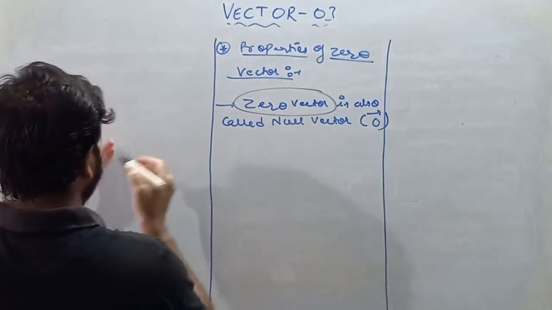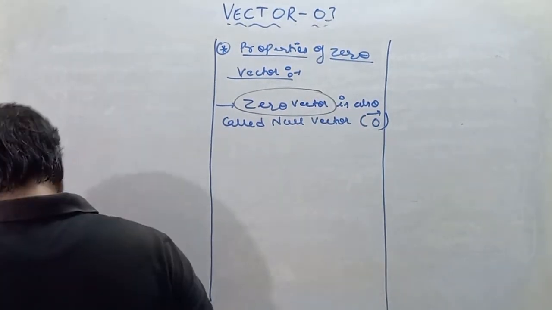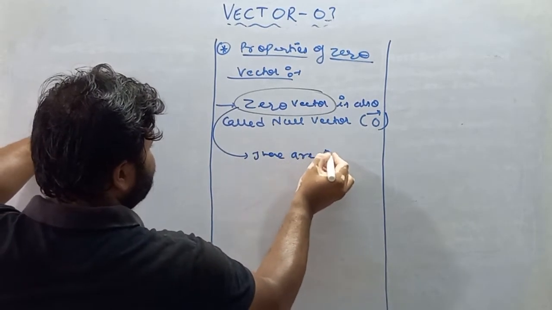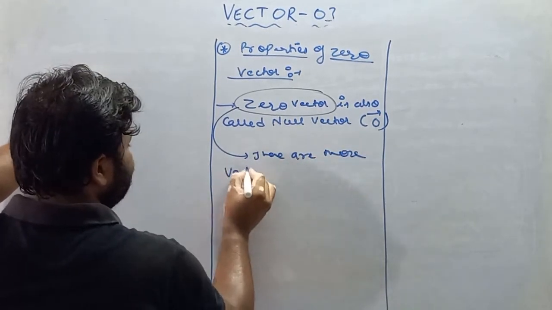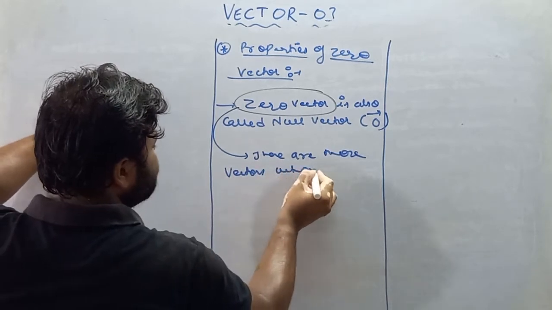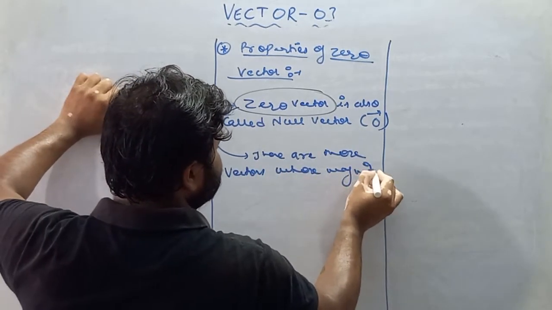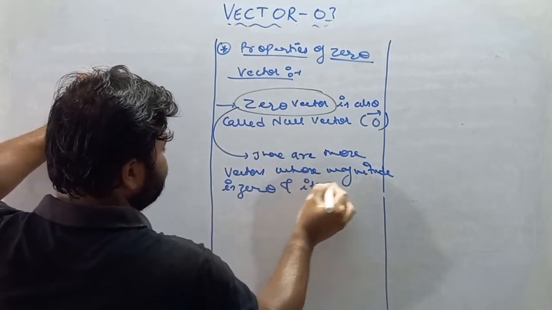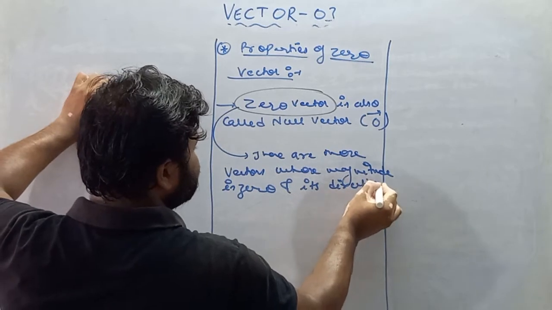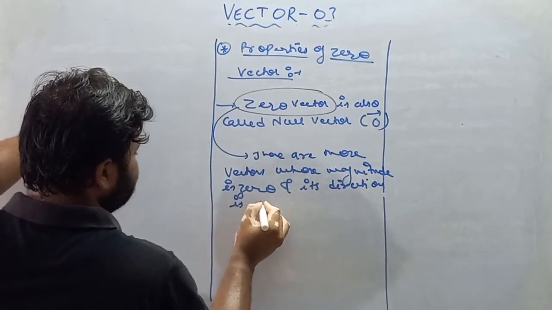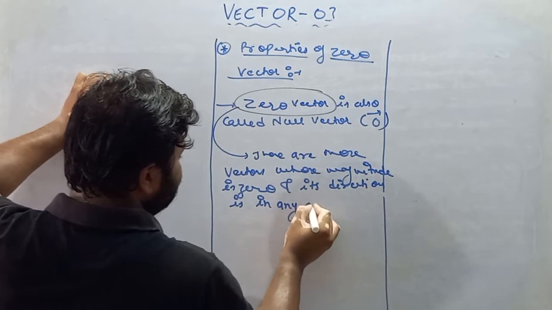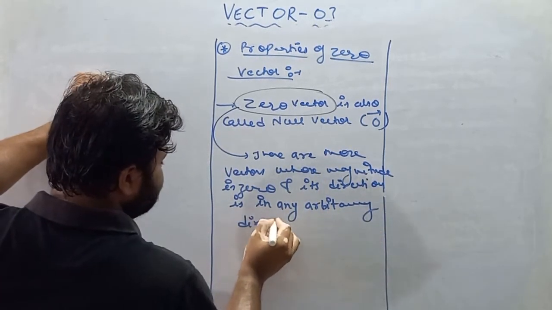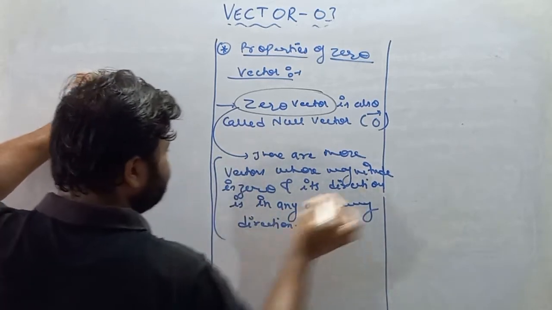About zero vectors we already discussed that zero vectors are those vectors whose magnitude is 0 and whose direction is in any arbitrary direction.